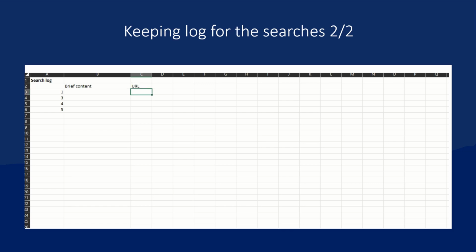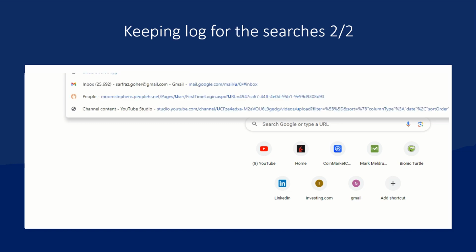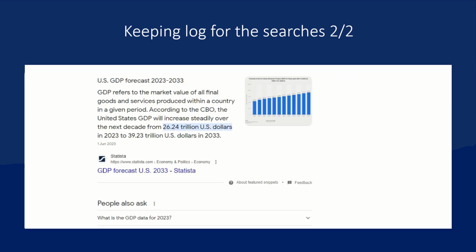So let's demonstrate using, let's say, you want to find some information on the US GDP data 2023. Now you see I have a nice chart over here, and it's coming from statista.com.